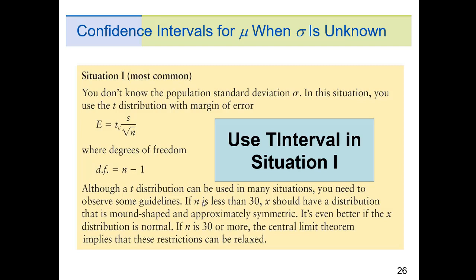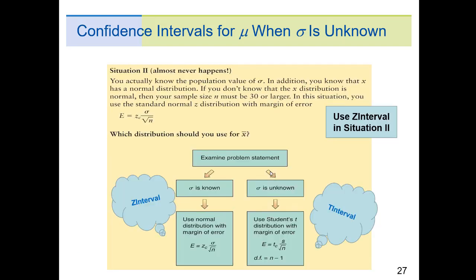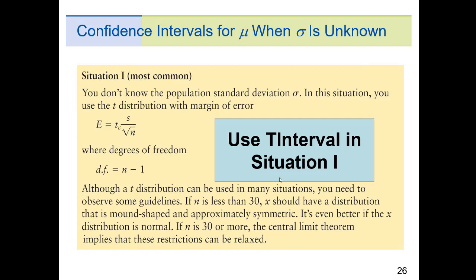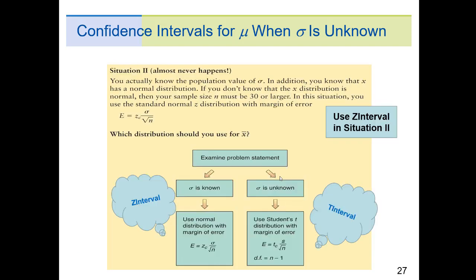You'd have to follow those guidelines we talked about already if it's less than 30, but if it is more than 30, you're fine. This is when you use t-interval. The other situation is when you use z-interval. This is what we did in 7.1. This is rare. Read the problem carefully.